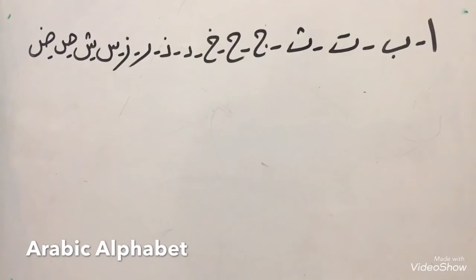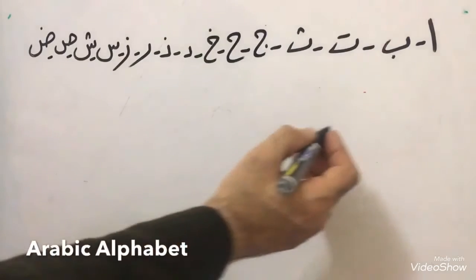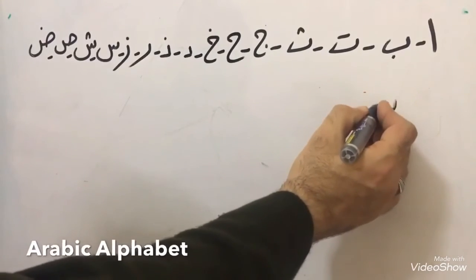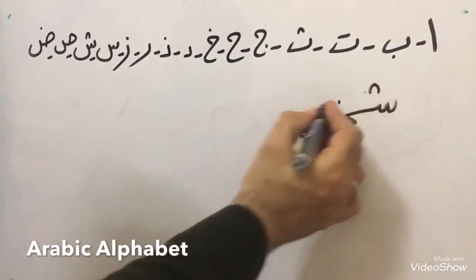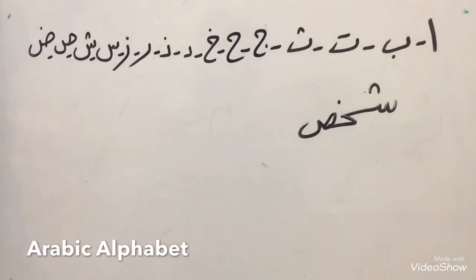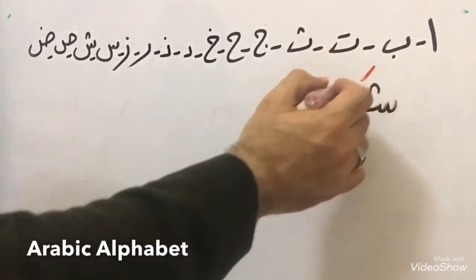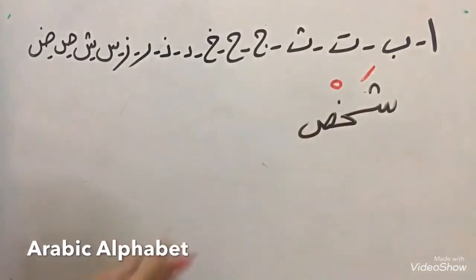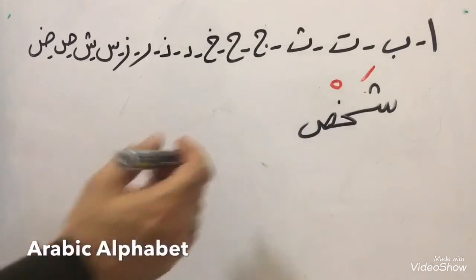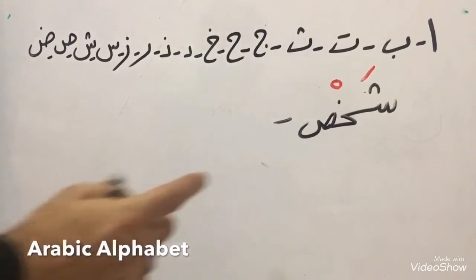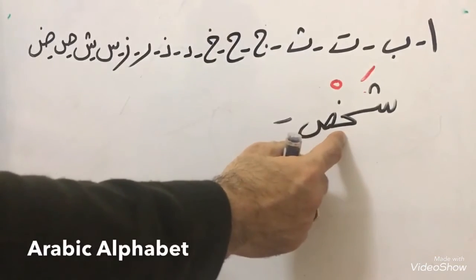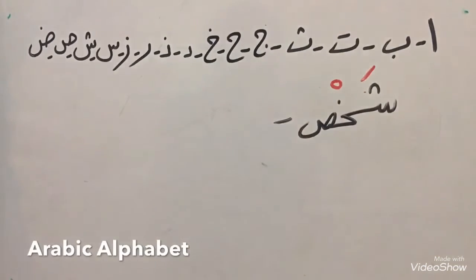For example, if we take Shin, Kha and Sad, we can have a word like شخص, Shin Fatha, Kh Sukun, شخص means person. We have seen how we join Shin with Kha and Sad.